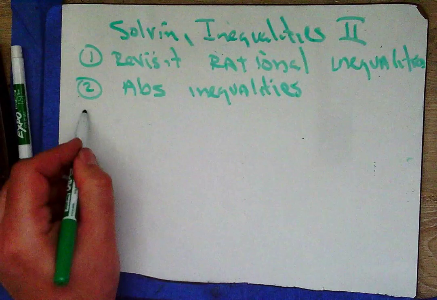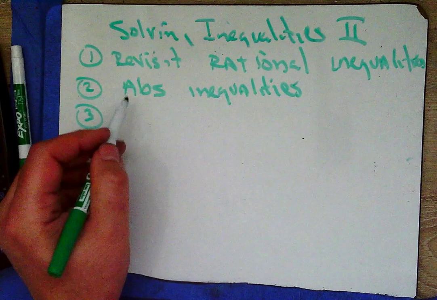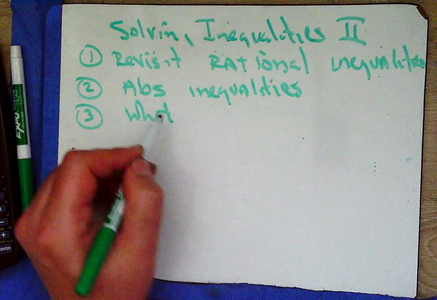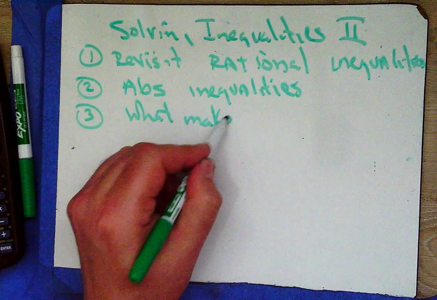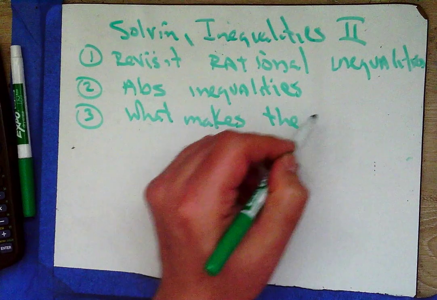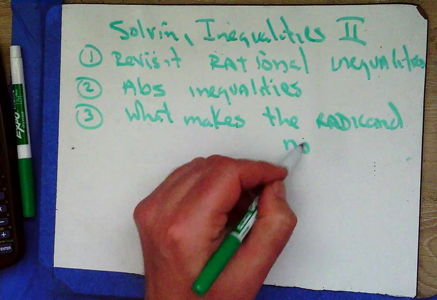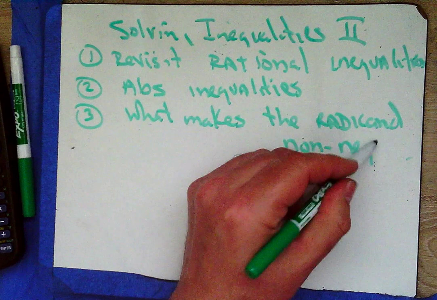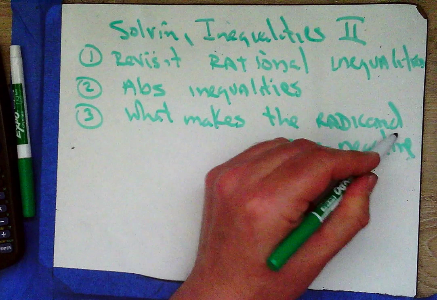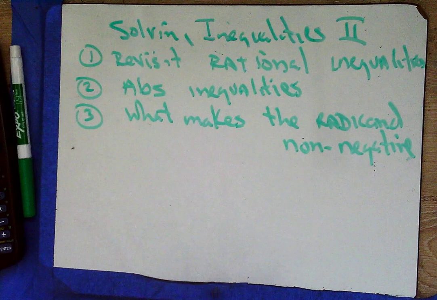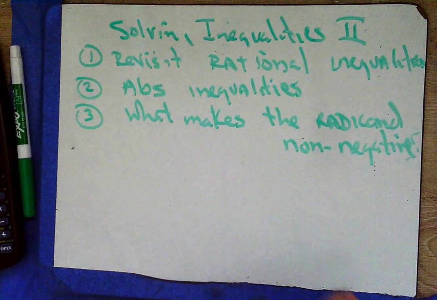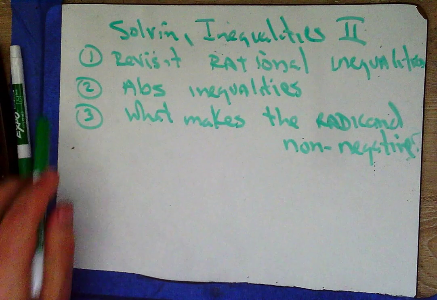And then we need to talk about what makes the radicand non-negative. And whatever that means, I can't wait to get to that point. But let's start off with rational inequalities.